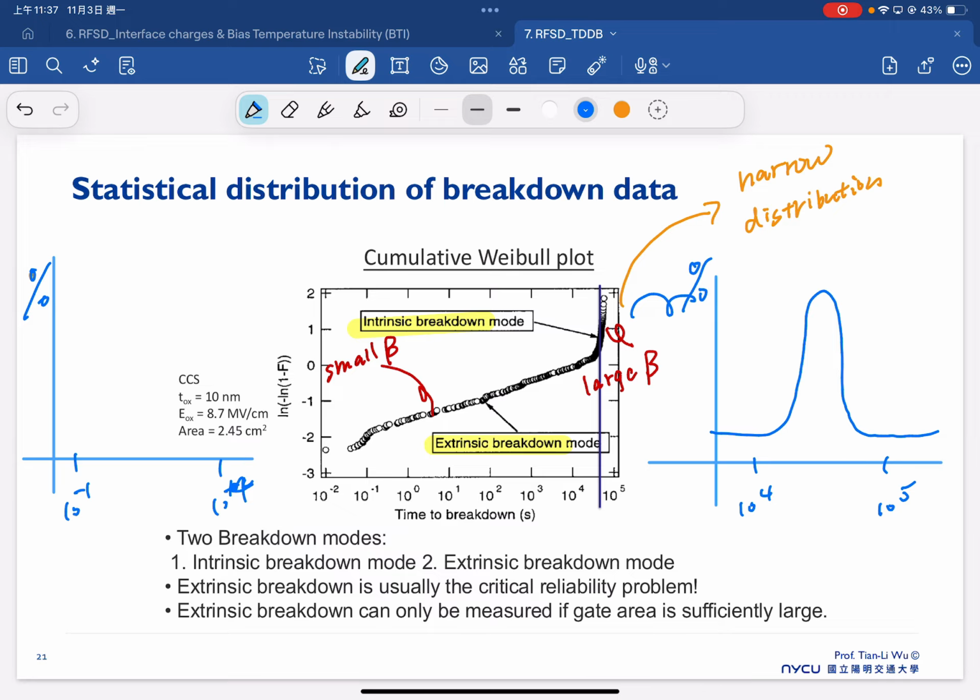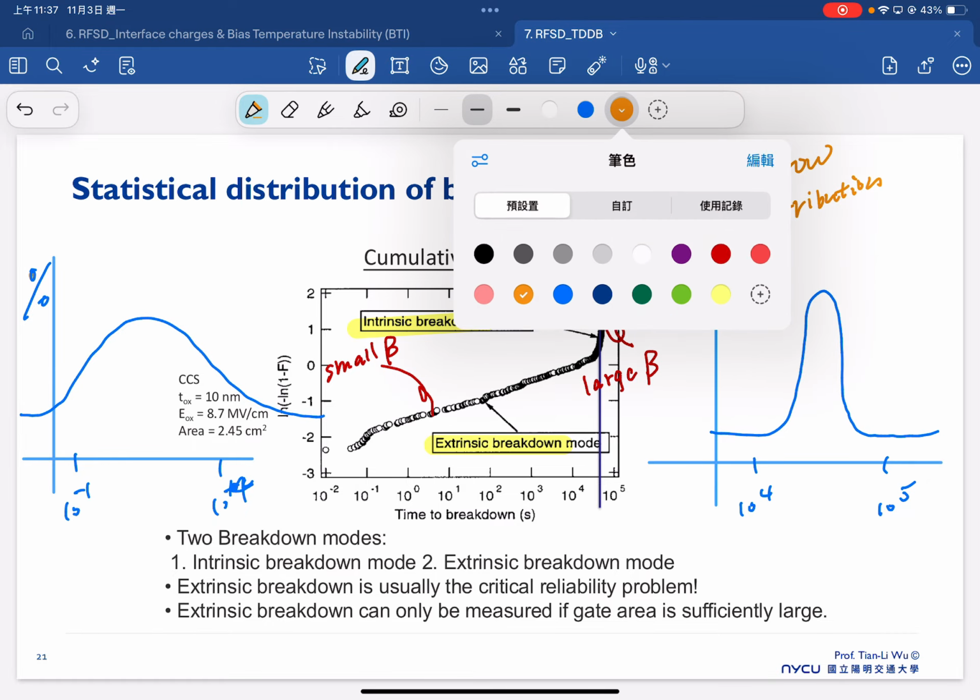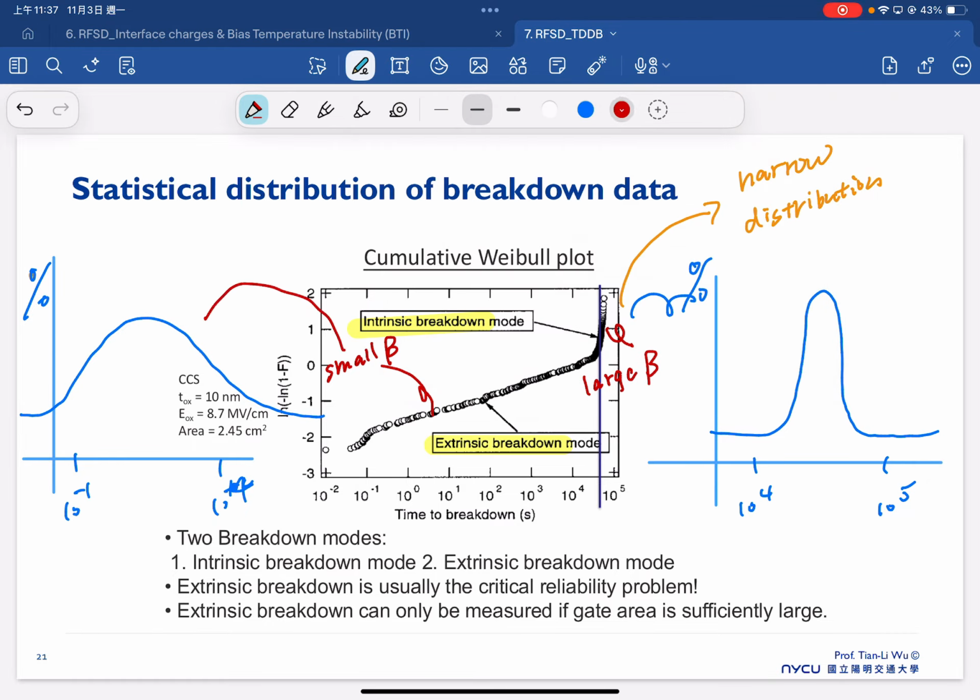So then you will see your distribution data set is very wide. So the small beta means the wide distribution. So that's a pretty important implication.